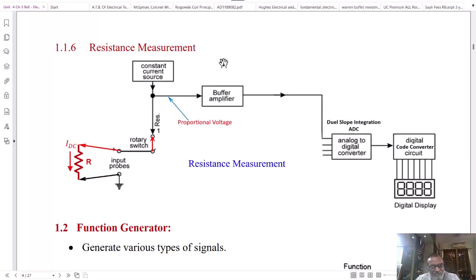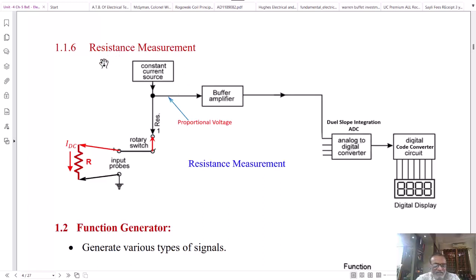In resistance measurement, we convert the unknown resistance connected to the multimeter terminal to a proportional voltage. Then that voltage is measured and calibrated in terms of resistance values, and therefore the display value will be directly in ohms.